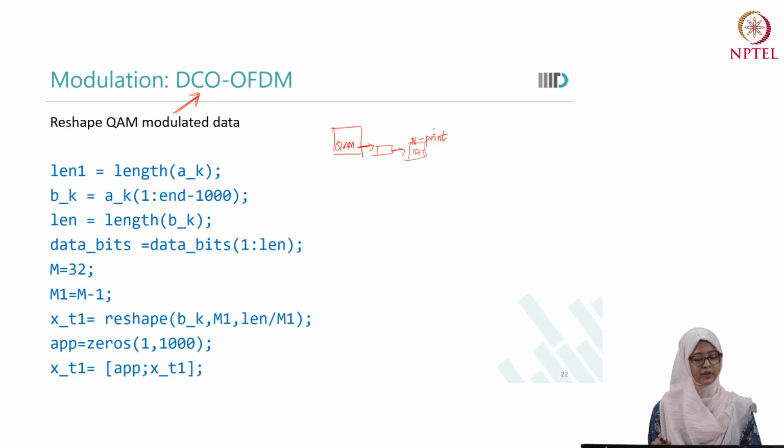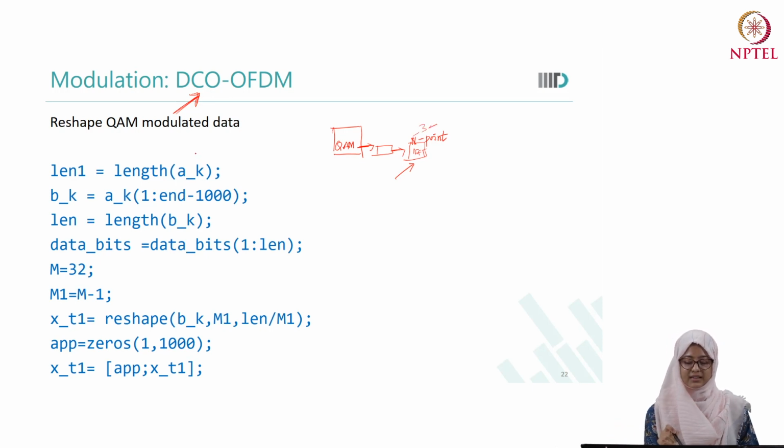So we are going to generate random data, do the QAM modulation, and then reshape the QAM modulated data so that 64 subcarriers can carry the optical OFDM data at a time. Assuming 64 subcarriers in one optical OFDM symbol, we have considered the endpoint to be 32-point.